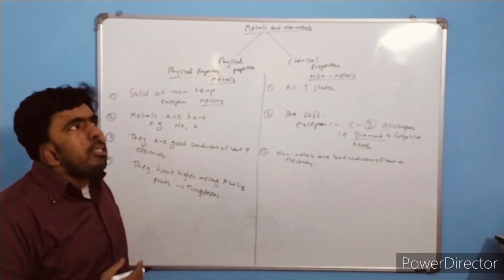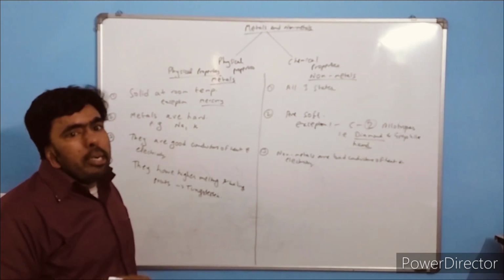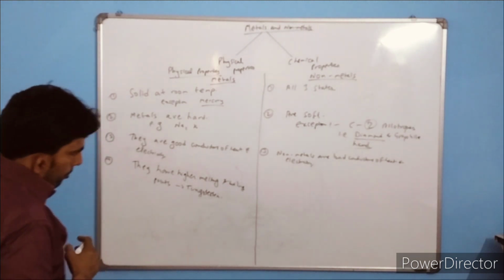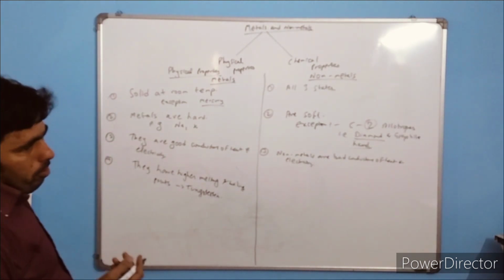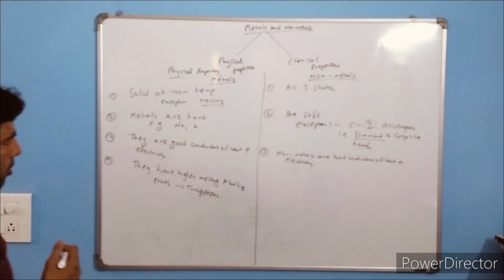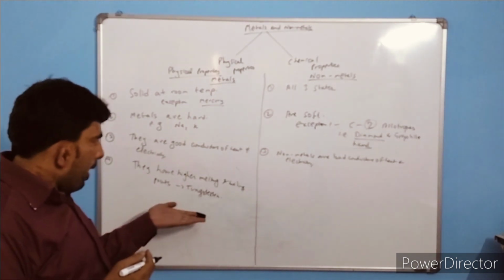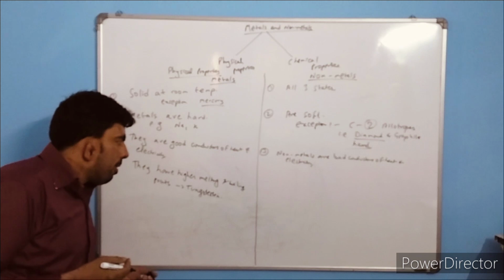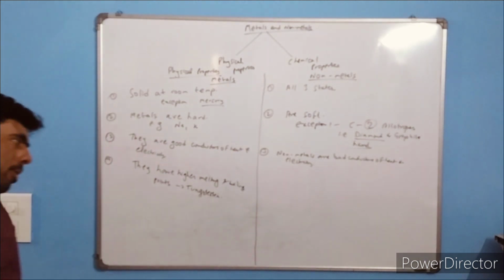Its melting point is, I think, 3380 degrees Celsius. In a bulb, there is a filament made up of this metal, tungsten. This has a very high melting point.